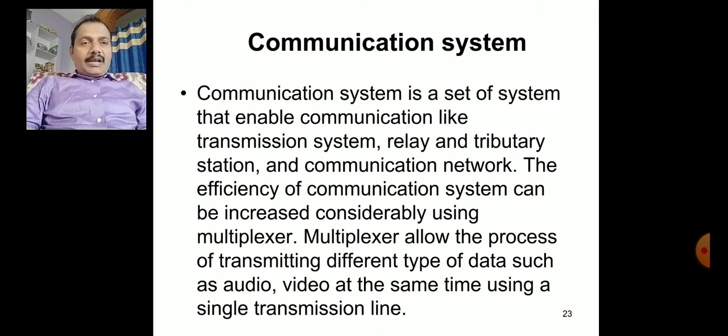The multiplexer allows the process of transmitting different types of data such as audio, video at the same time using a single transmission. It may be audio or video on the same line. So that is the one.